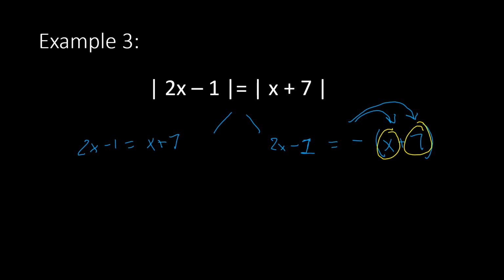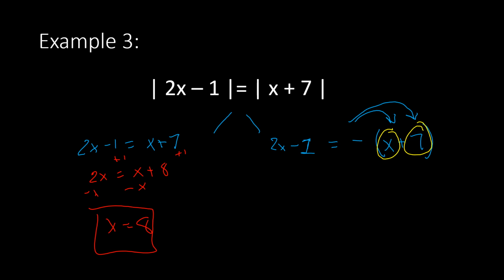So now let's solve both sides, and we get 2x equals x plus 8 because we add 1 on both sides, and then we subtract x on both sides, and we're left with x equals 8.